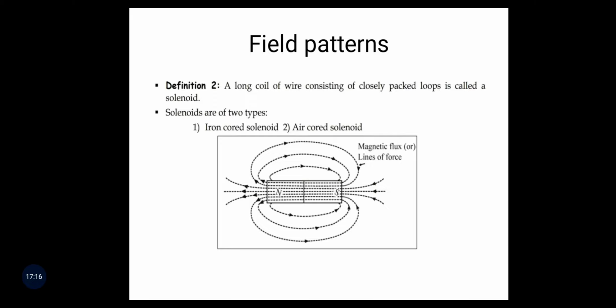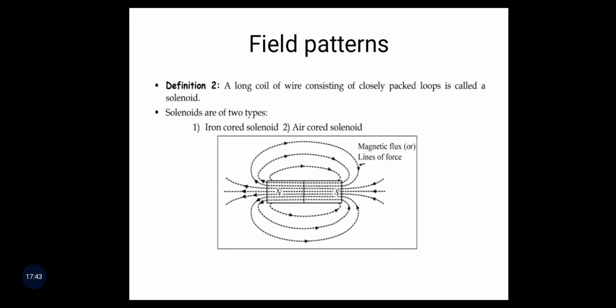For the iron core solenoid, we take one iron rod and the wire is wound around it. Then the current flows around the solenoid.